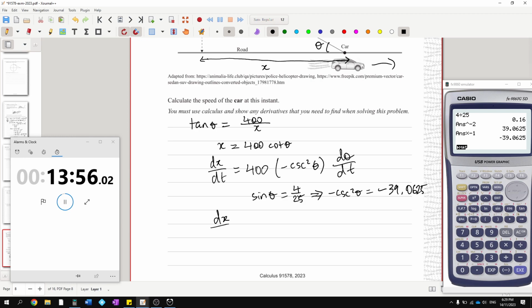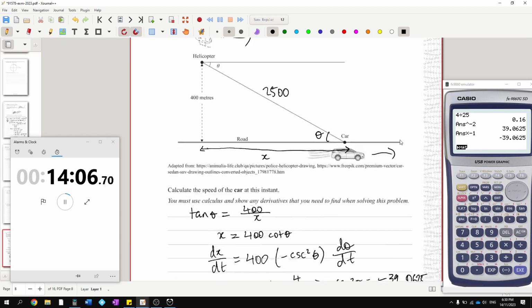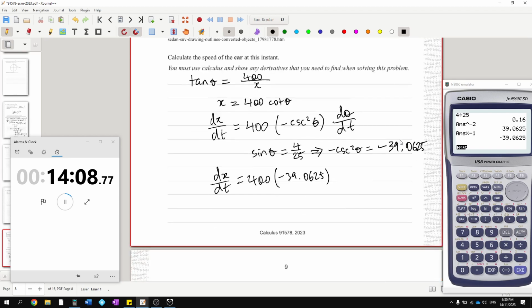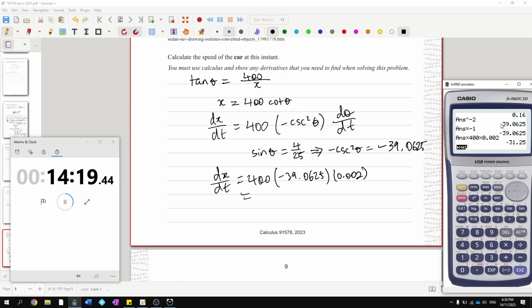So dx dt is 400 times that. Did it give d theta dt? Yeah, 0.002. Okay, times that by 400 times 0.002, 31.25. Yeah, that makes sense.